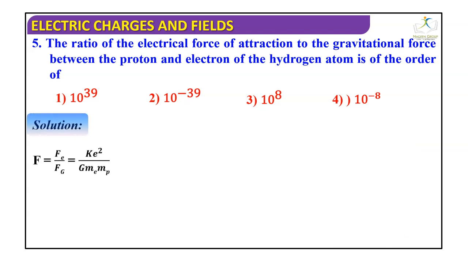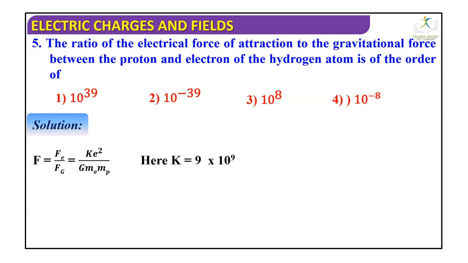F is equal to Fe by Fg. If we just put the value of Fe, that is Q1 Q2 by R square, we can write it as K e square by R square. And the value of Fg is equal to G me mp divided by R square. So both the R square will cancel out each other and we get the result K e square divided by G me mp.